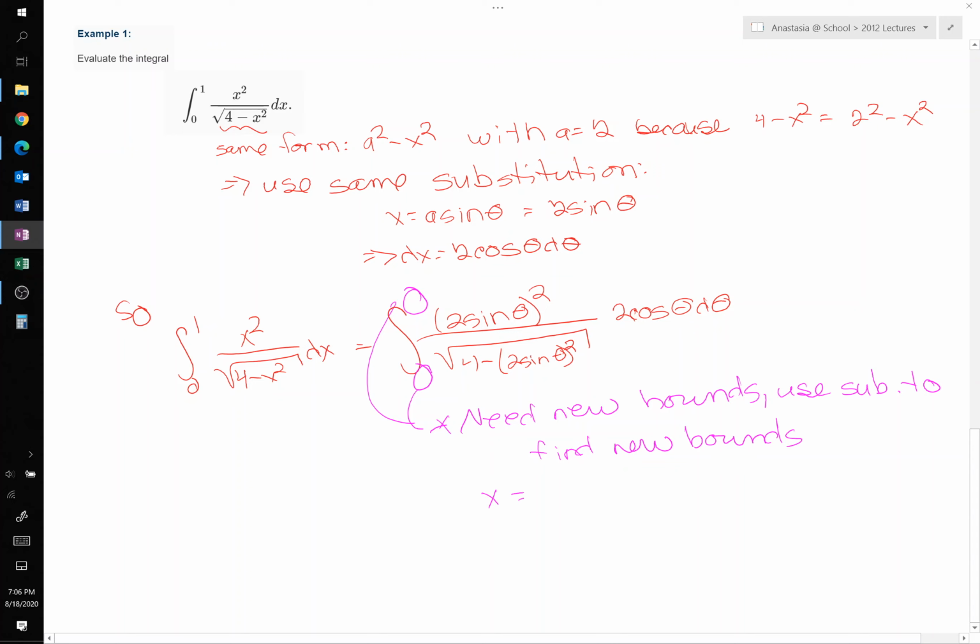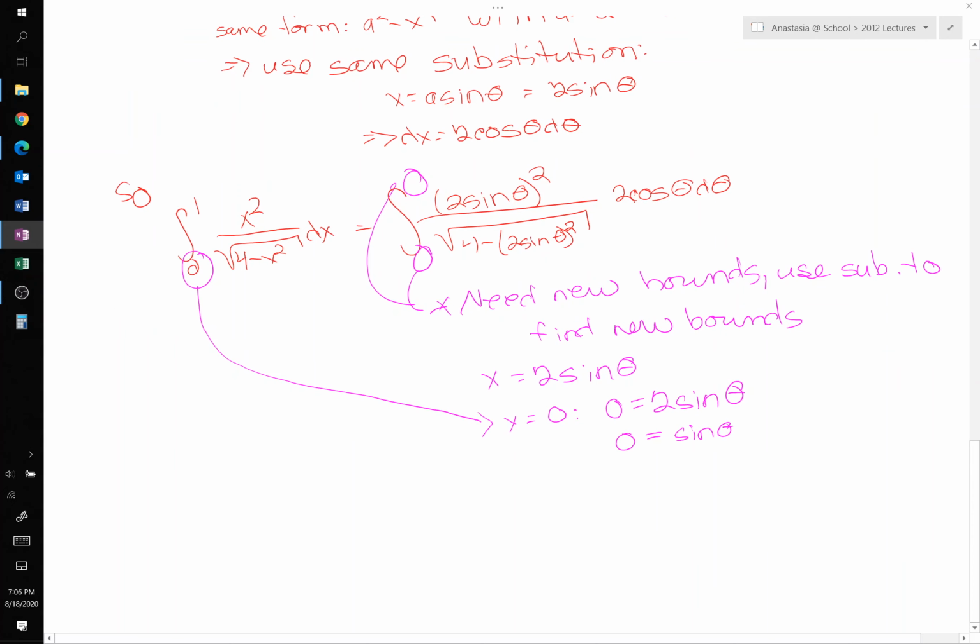And we are going to use the substitution to find those new bounds. So we have x is equal to 2 sine of theta. First off, when x is equal to 0, this means that 0 is equal to 2 times the sine of theta. So the sine of theta, if we divide both sides by 2, is going to be 0.